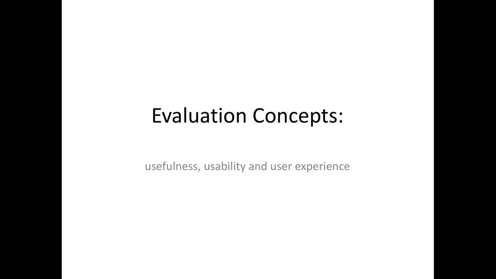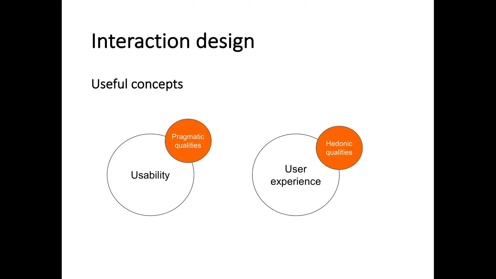What do they mean? In terms of user experience, a good user experience depends on both pragmatic and hedonic qualities. What are pragmatic and hedonic qualities? Let's see. If you look at usability, we see usability as grasping more the pragmatic qualities of user experience.